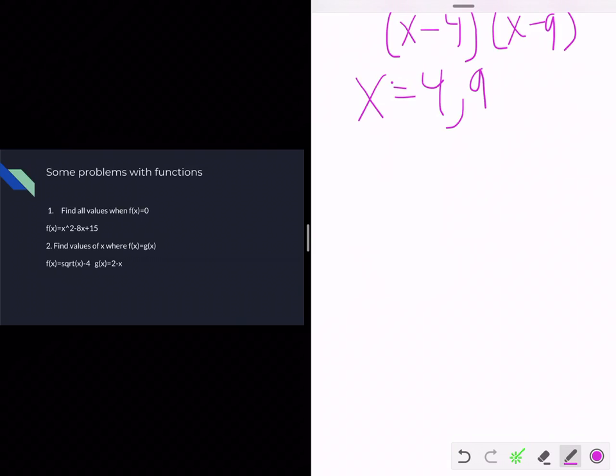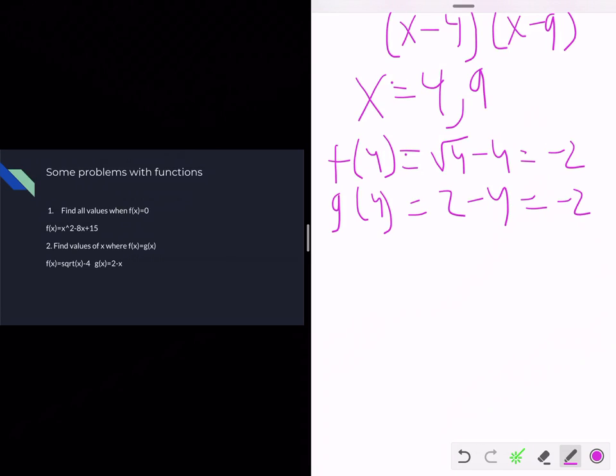Now you have to plug these values into f of x and g of x to make sure that they equal each other. So let's do f of 4, which is the square root of 4 minus 4, negative 2. G of 4 is 2 minus 4, negative 2. So you can say that 4 is an answer.